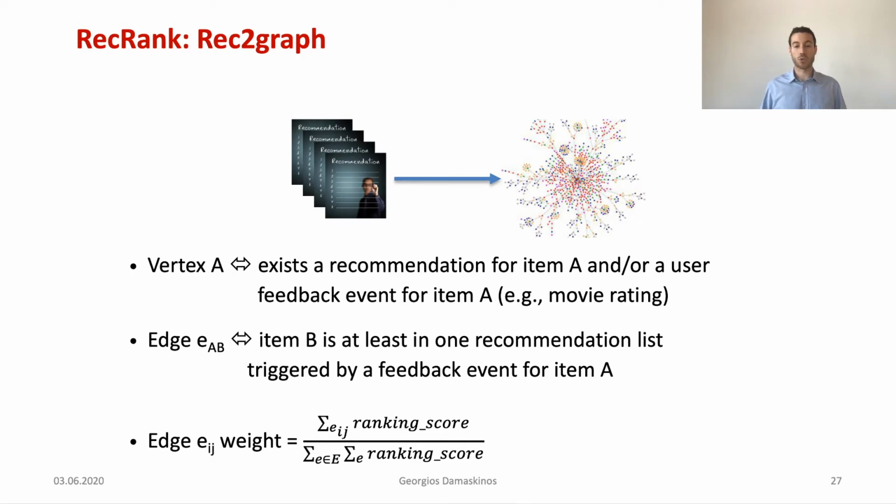The edge is also weighted based on the ranking score such that it reflects multiple recommendations coming from multiple users. Of course, the weights are normalized such that the graphs are comparable.